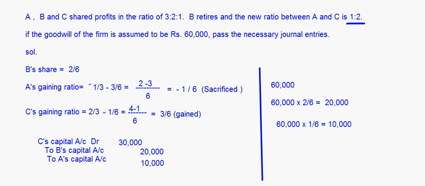Now I'll take up one more question. Deep, Dina and Daulat share profits in the ratio of 5:3:2. Deep retires and the new ratio between Dina and Daulat is equal.